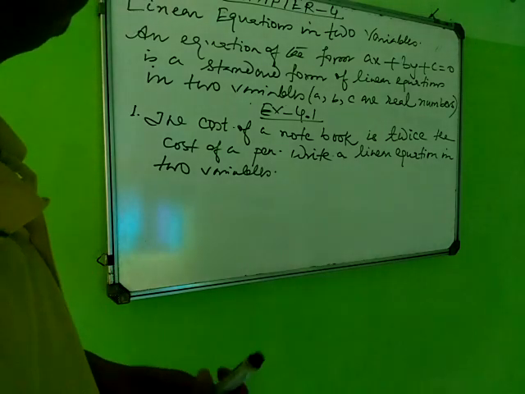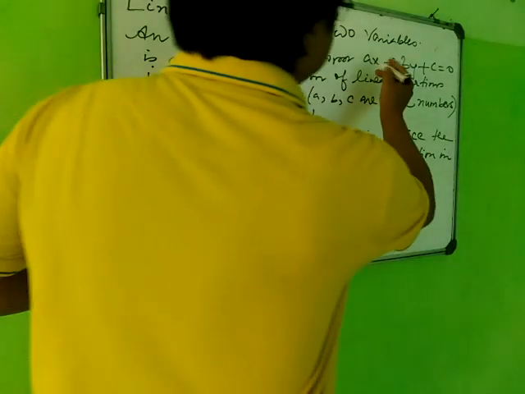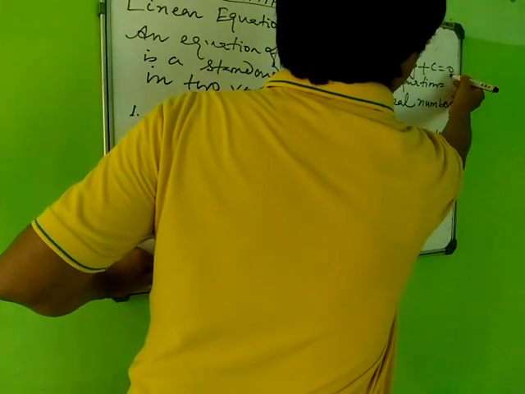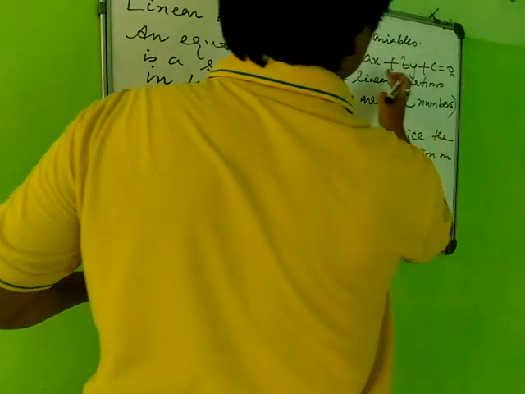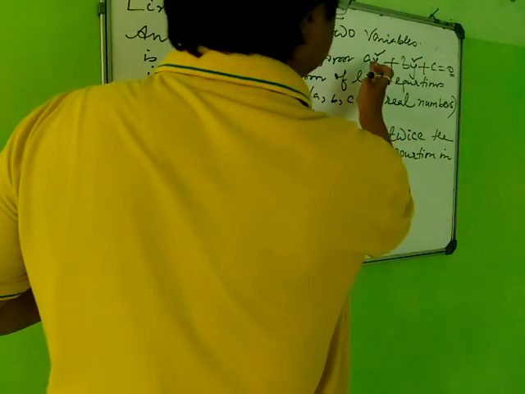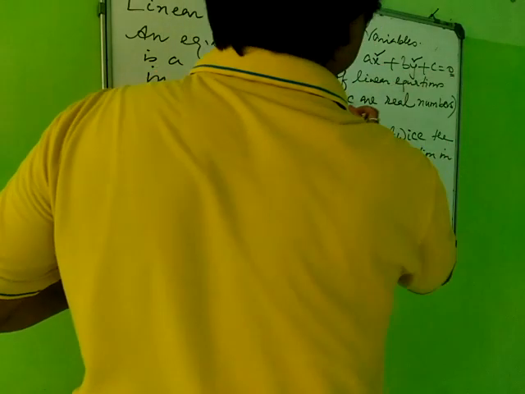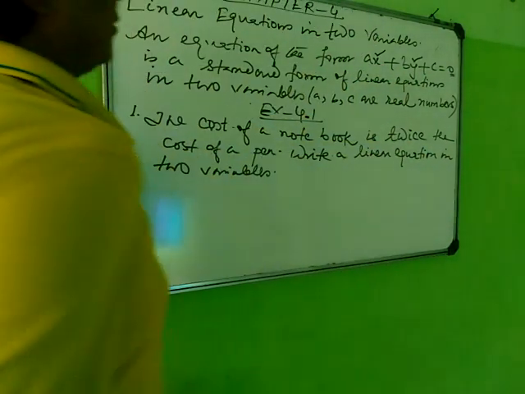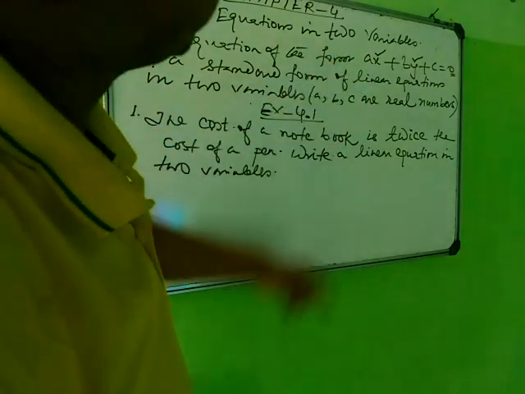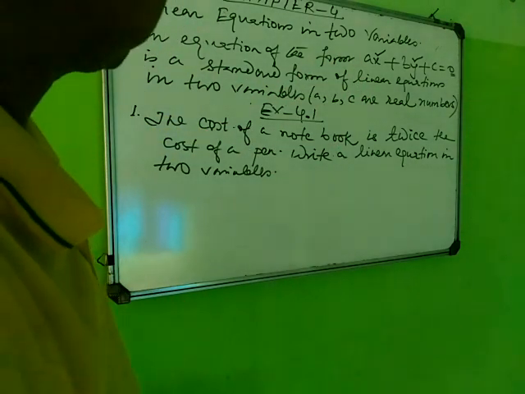In this form there will be only 0 on the right side. The variables are x and y, and a, b, c are three real numbers. This form is called the standard form of linear equations in two variables.